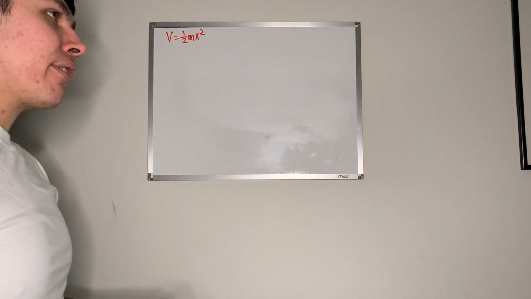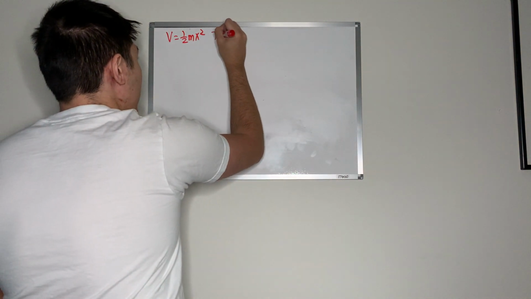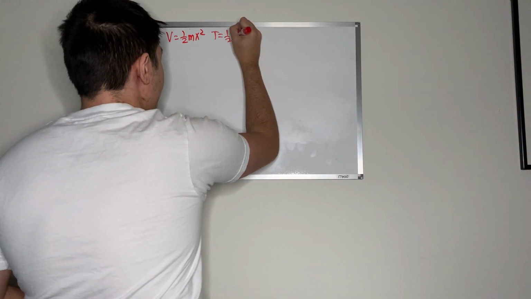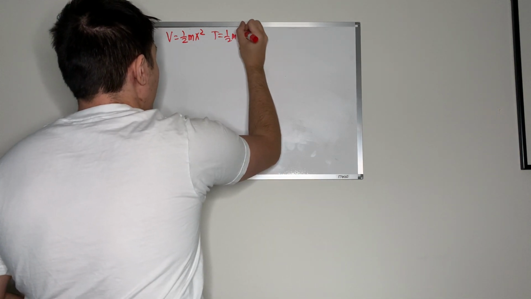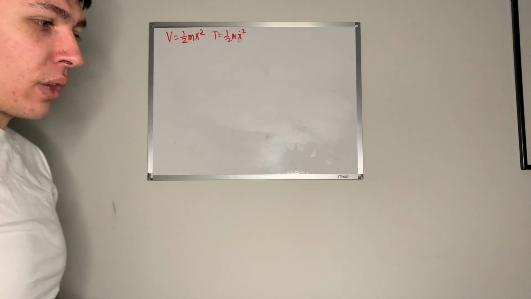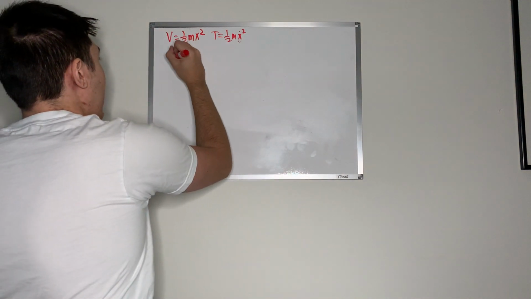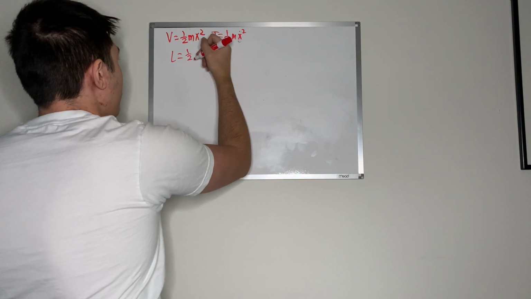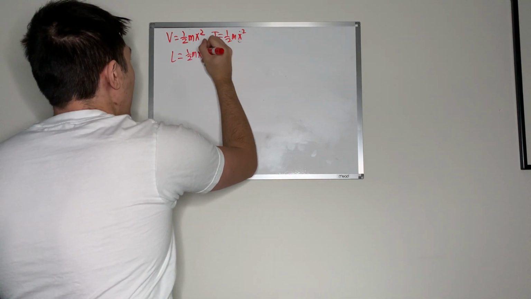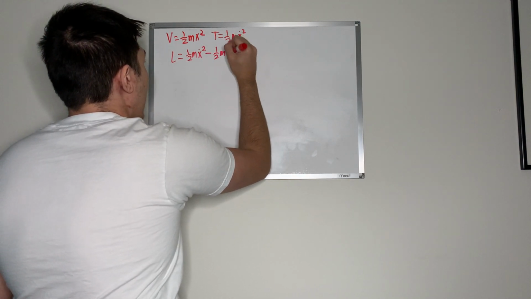And the kinetic energy of an oscillator, I think, is always going to be 1/2 m v squared, or in our new notation, x dot squared, right? So the Lagrangian for this is simply L is equal to 1/2 m x dot squared minus 1/2 m x squared, right?